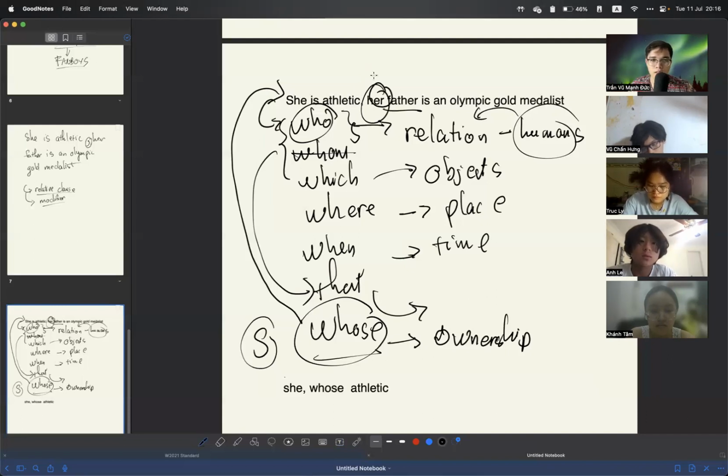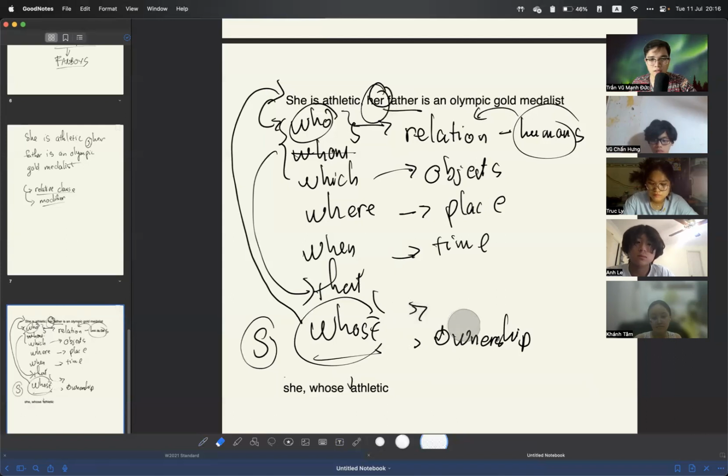So if I replace this, I can just rewrite the sentence and copy back whose father. No, whose athletic is not correct, because let's dissect this sentence.